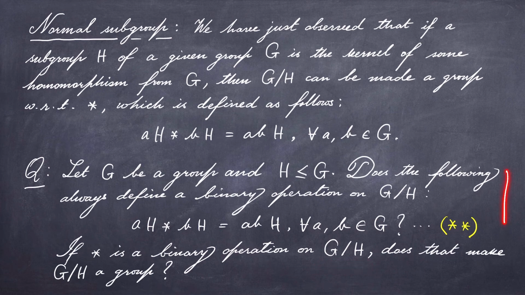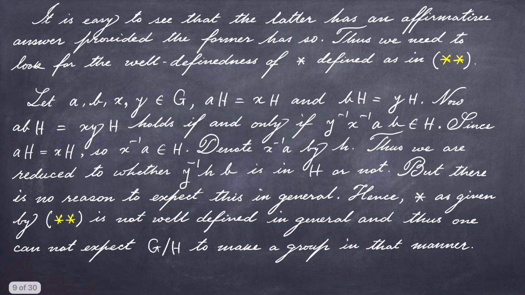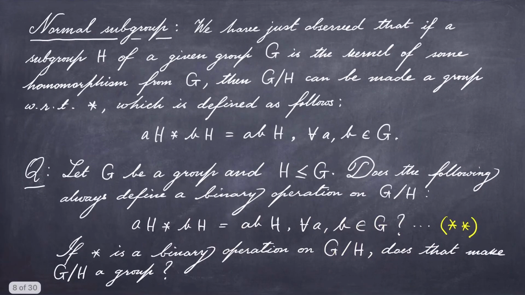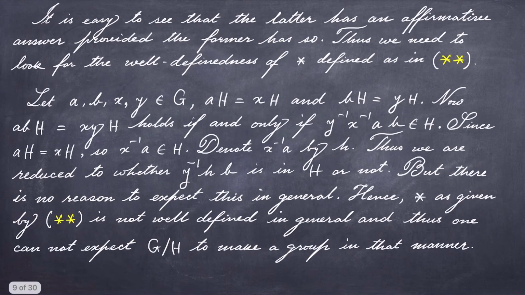So the crucial part, the main point, is the first question, because once this is settled, the rest becomes an immediate corollary. Now let's see whether this always defines a binary operation on this collection or not. So what we do is we let (x, y) be in G such that aH equals xH and bH equals yH.